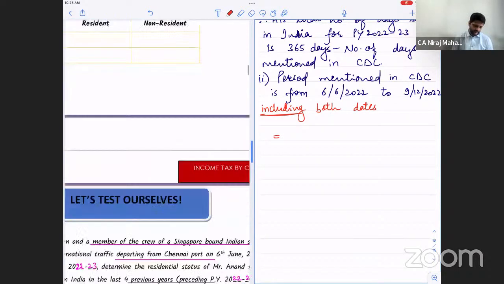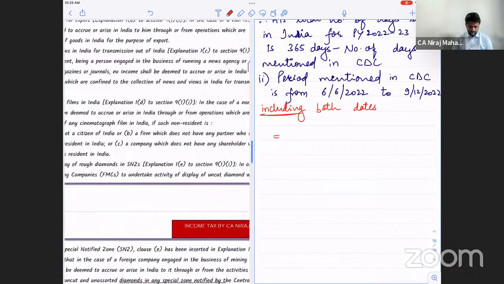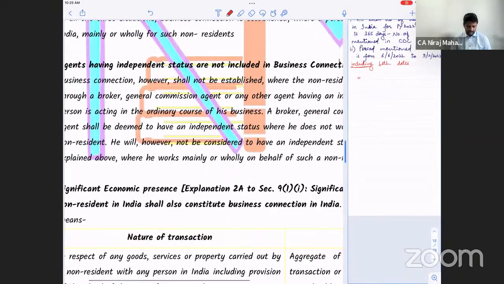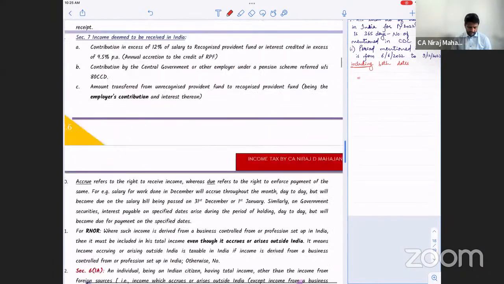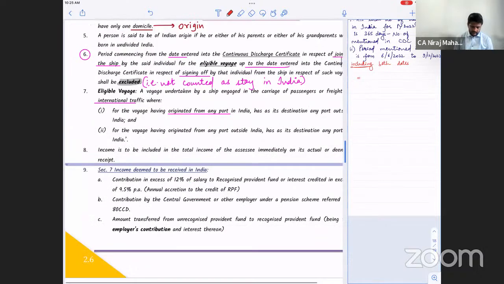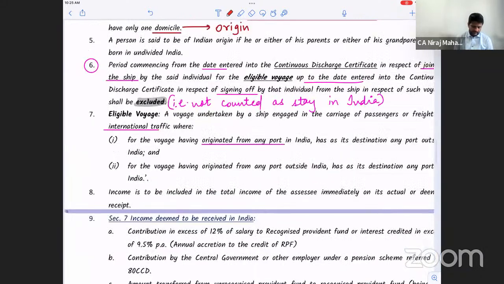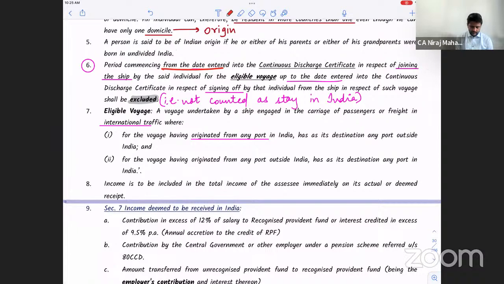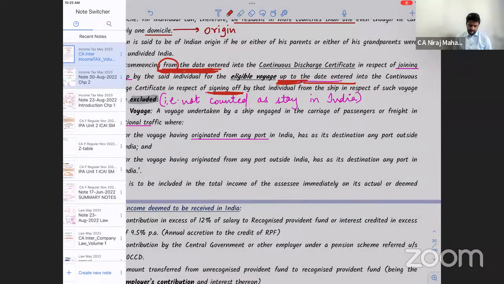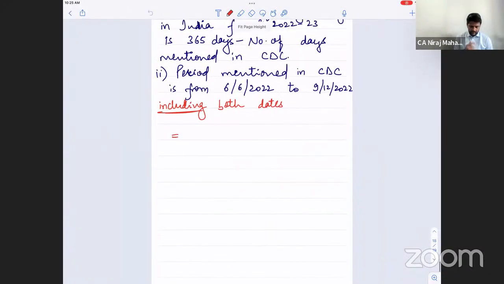It is given to you in the textbook also, CDC: from the date entered into the ship up to the date entered as signing off. Clear? So both the dates should be taken. So quickly give me the number of days from 6th June, including 6th June, to 9th December.